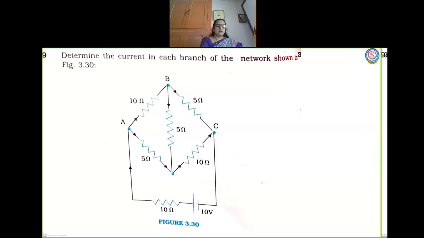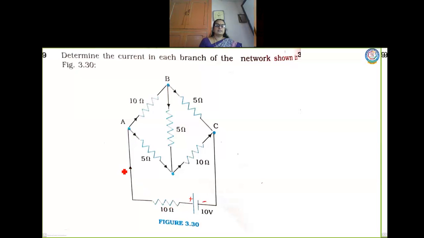Now here the current is not named, so we need to first write the current in each branch. Let us start from here. This is a battery, and this is the positive terminal of the battery, so let me mark it plus and minus.